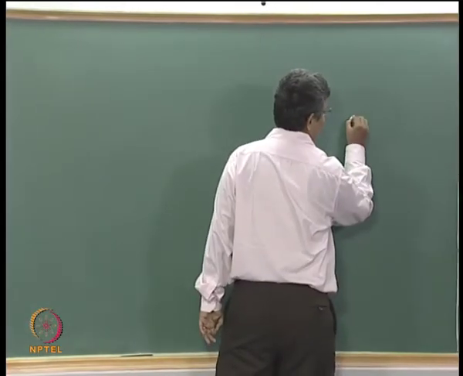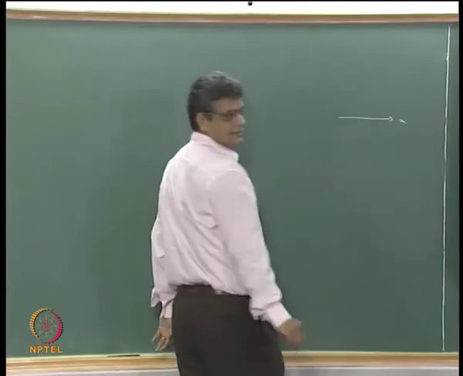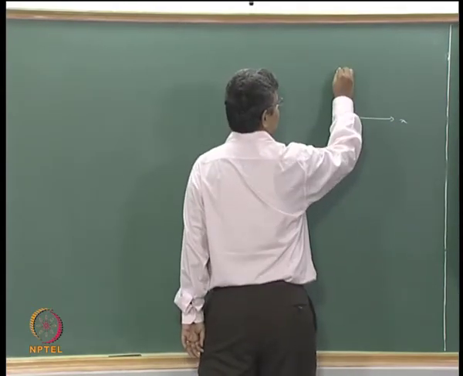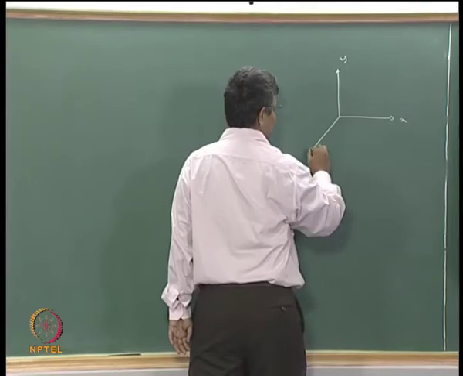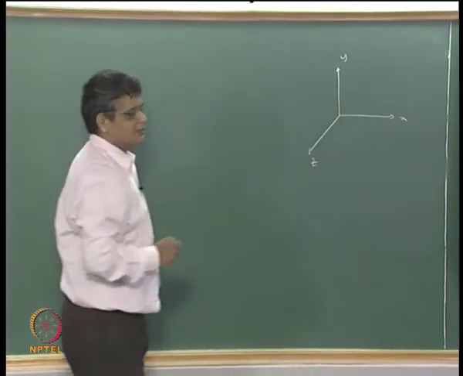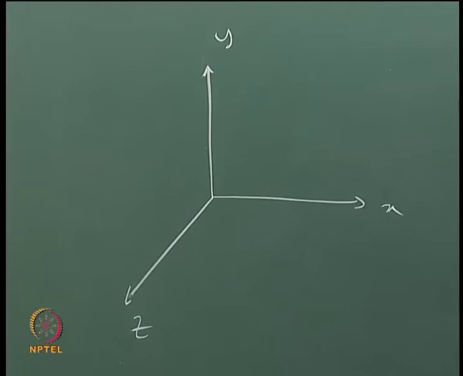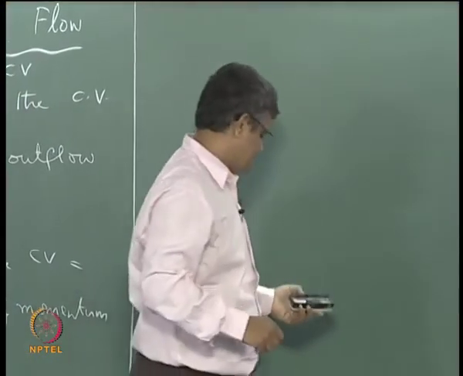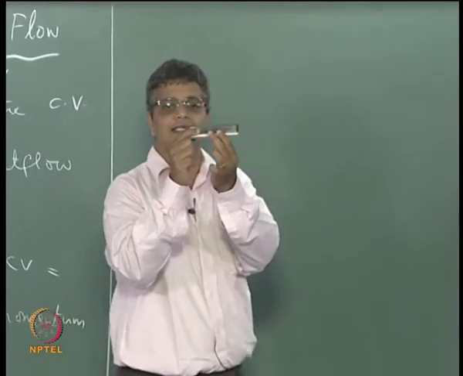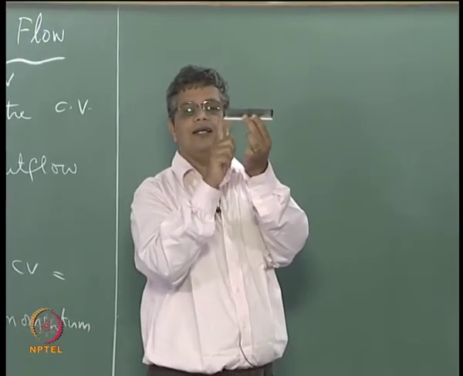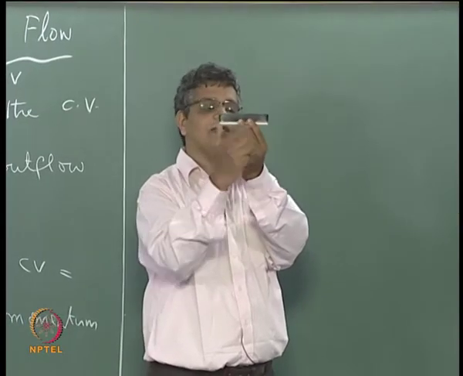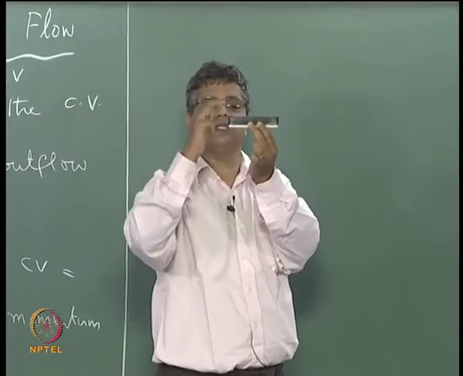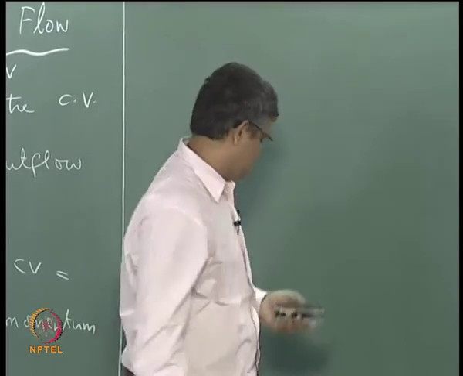Let us take a Cartesian coordinate system with x axis in this direction, y axis and z axis coming out to represent a right handed coordinate system, and for the sake of convenience, if this is our control volume, we have x, y, z, the three directions, and you can see that this has 6 faces: this face, the left face, right face, bottom face, top face, front face, back face.